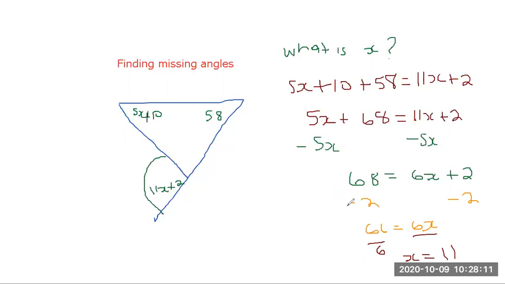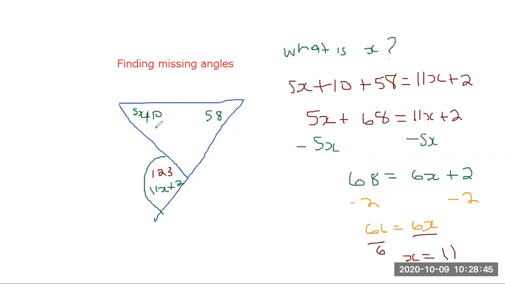Now we got to put x back in, because they didn't ask us what is x, they asked us what's the exterior angle. So we got to take x and put it back into our exterior angle. So we do 11 times 11, which is 121 plus 2. So this angle is 123. Let's work this one out.